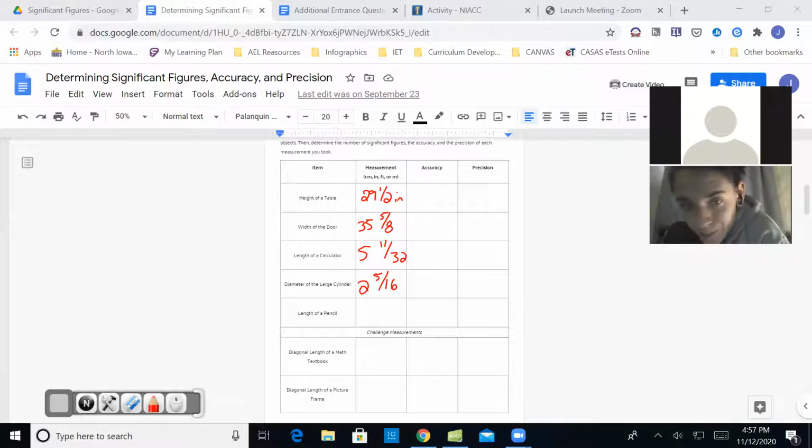And the length of a pencil, I'm just going to grab one from up here. $7 and 7/16.